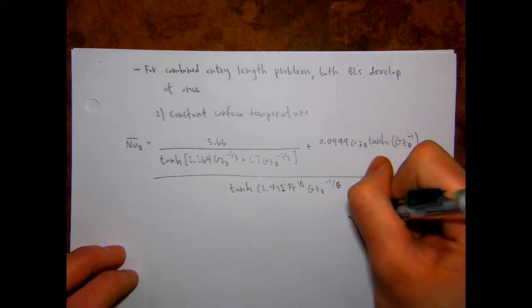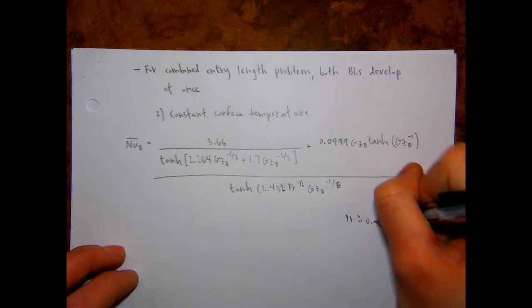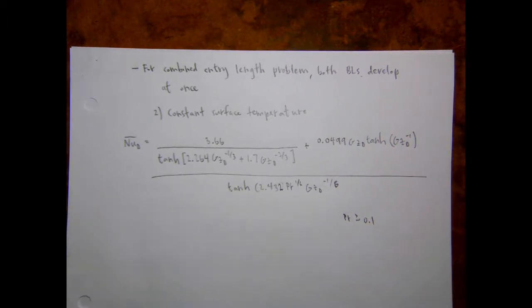And that is for Prandtl number greater than approximately 0.1. Make sure I have that written down correctly.